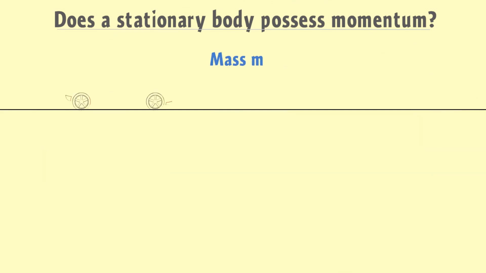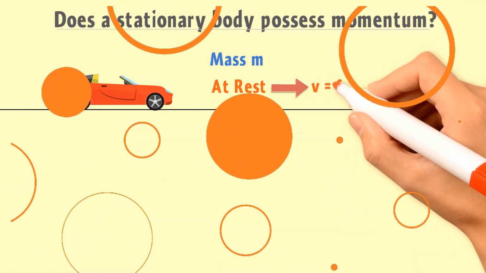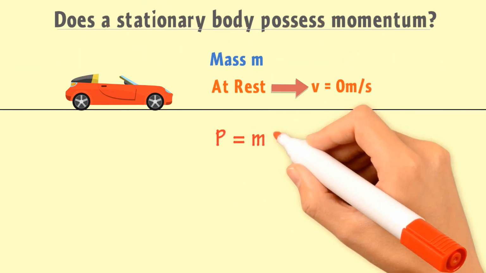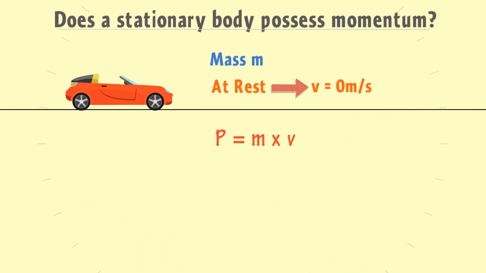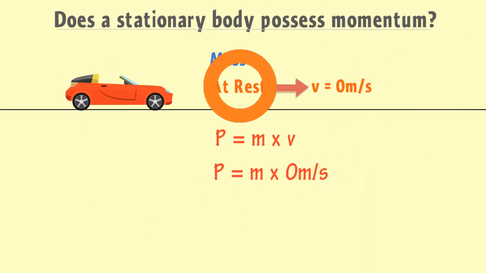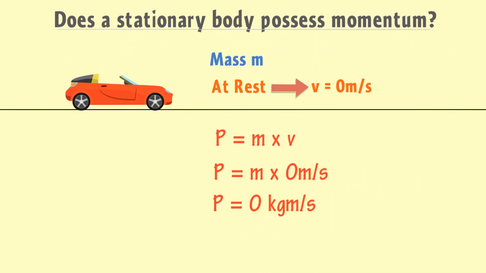If a car of mass m is stationary or at rest, its velocity v is equal to 0 meters per second. Hence, its momentum p is equal to m into v. Thus, p is equal to m into 0, or p is equal to 0 kg meter per second.